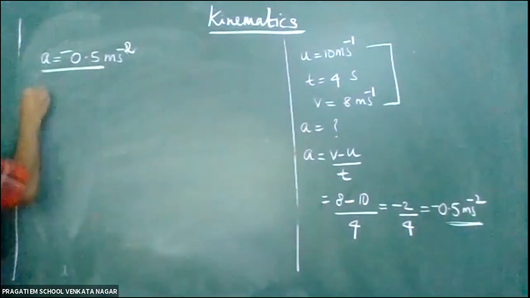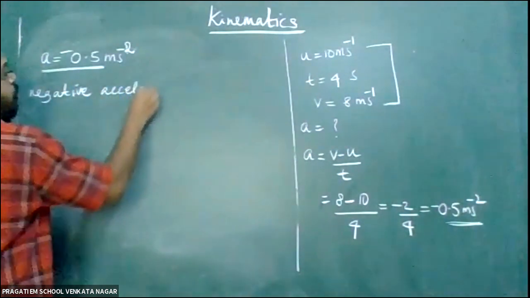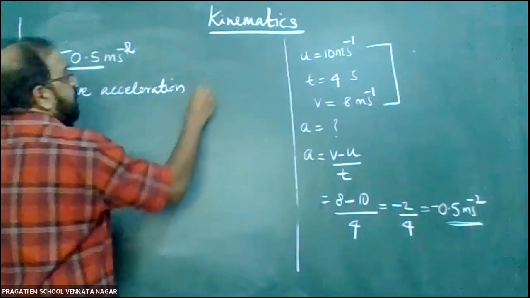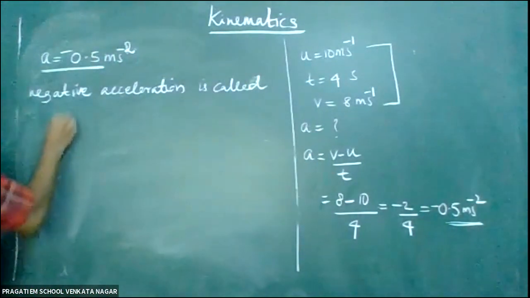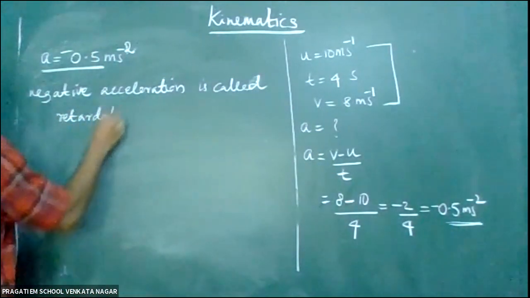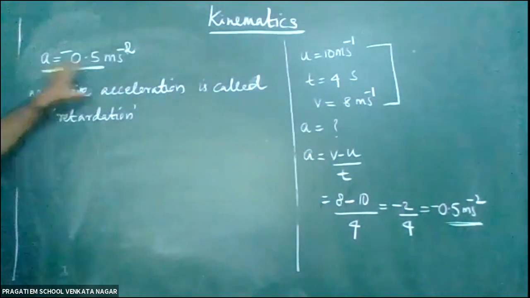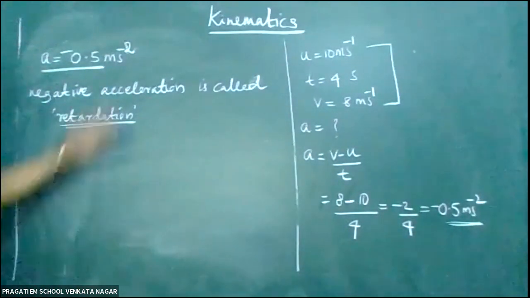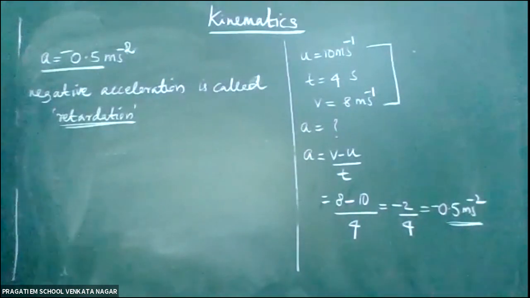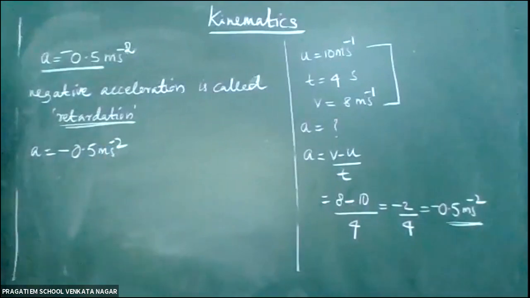The negative acceleration is called deceleration or retardation. So in this question, if they ask you what is the acceleration, the answer is minus 0.5 meter per second square.